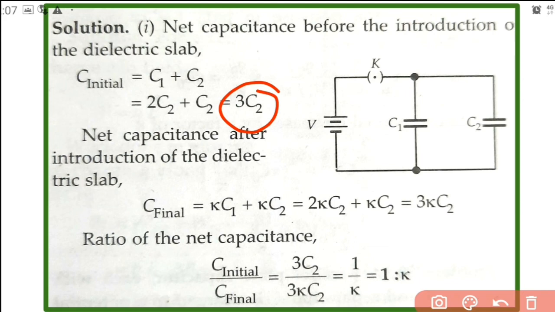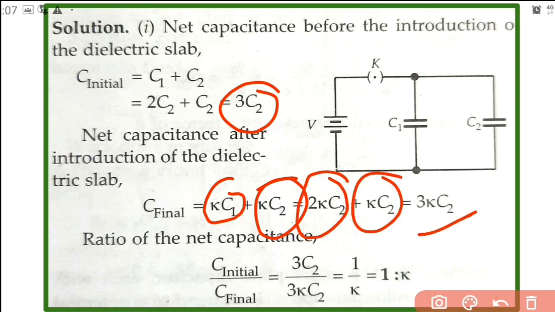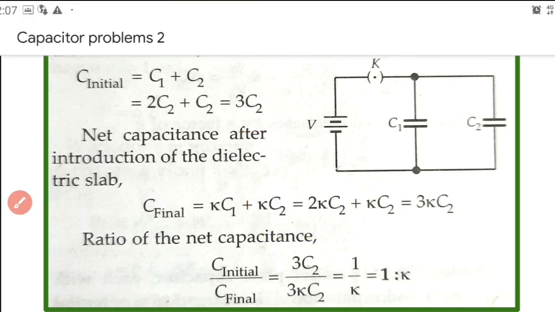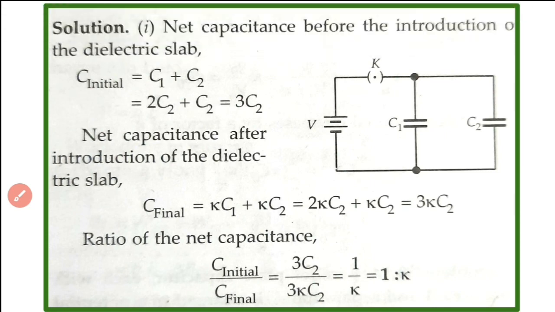That means C1 becomes KC1 and C2 becomes KC2. And C1 is 2C2, so that becomes 2KC2 plus KC2. So it is 3KC2. Got it? So the ratio of the net capacitance becomes 3C2 by 3KC2, that is 1 by K, or 1 is to K. So that is the answer to the first part.